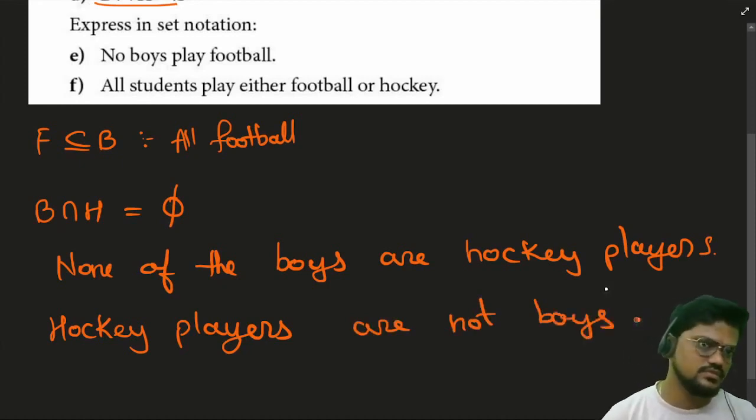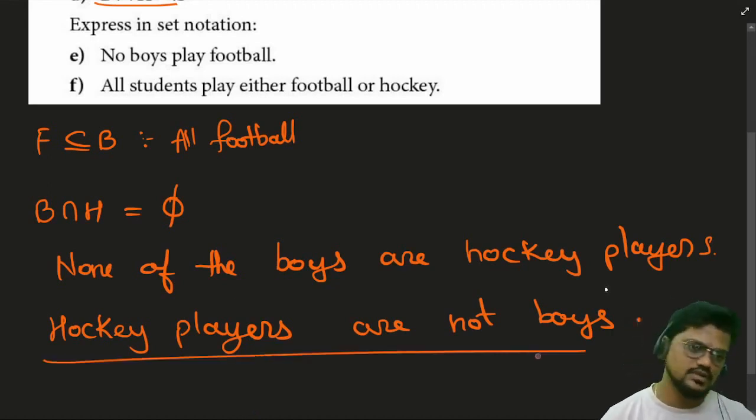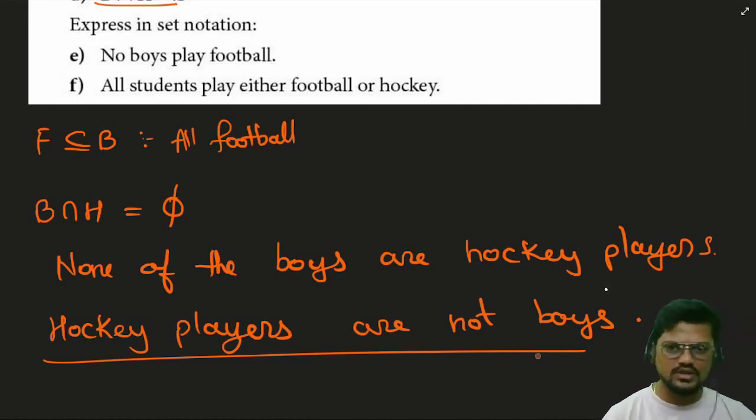That's it. Or you can also say hockey players are girls. That will also do, but that will be even more. This much is sufficient. Hockey players are not boys, or none of the boys are hockey players. Or you can also write hockey players are girls, or girls are playing hockey.